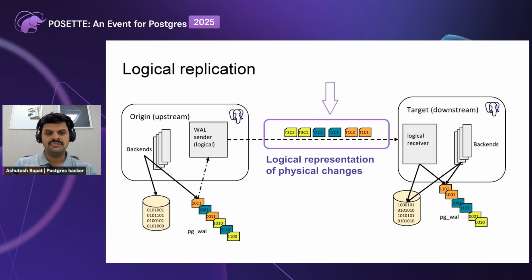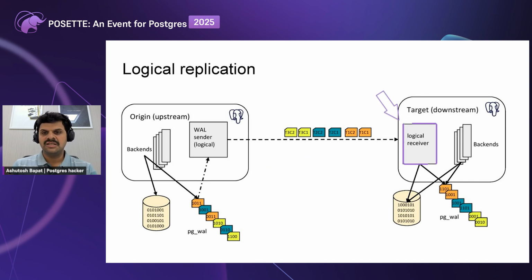So the physical change is now converted to a logical change and sent downstream to the target, where the logical receiver on the target receives this change and applies it on the physical view of the target, producing a different series of WAL at the target system. In a way, this logical receiver is like another PostgreSQL backend, making changes to the database and generating WAL.